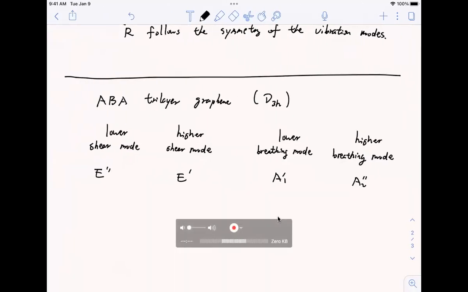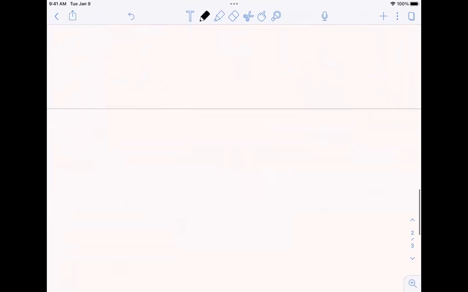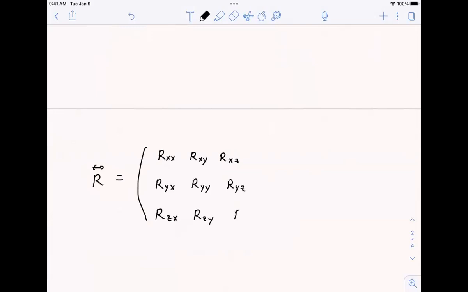So let's consider the Raman tensor R. Generally there are totally nine elements: XX, XY, XZ, YX, YY, YZ, and so on.